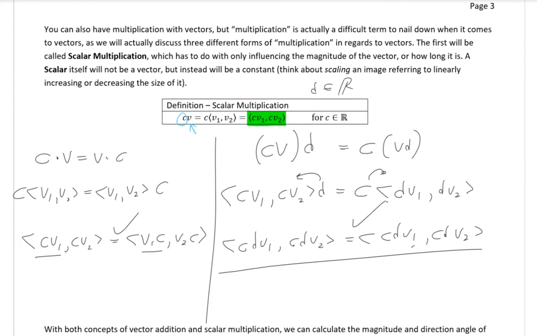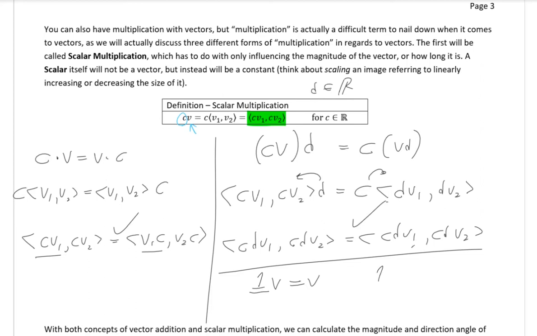Lastly, for the identity, we just need a number such that if we operate with it, it doesn't change the value. So some number operated with v such that we get the vector v back. This one is going to be the same as the multiplication identity, which is 1.